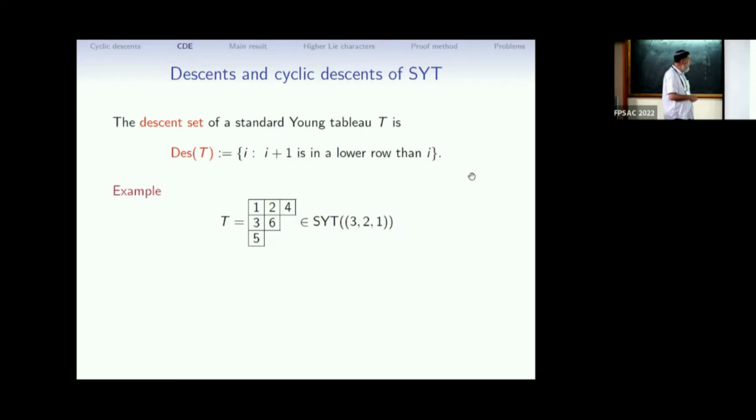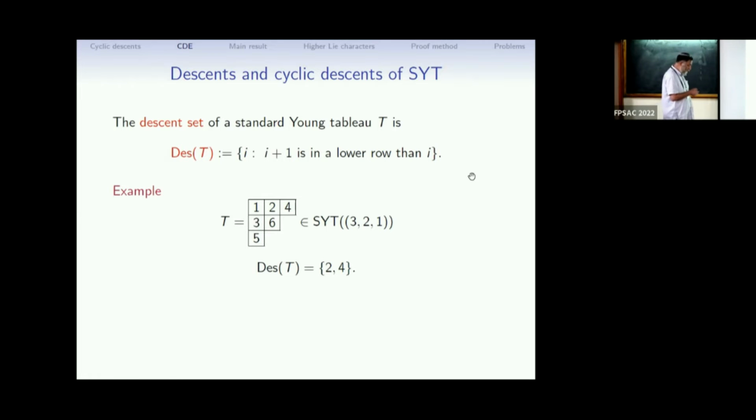So what are descents? Descents are where i plus 1 is in a lower row than i. For example, here 2 is a descent and 4 is a descent, so the descents here are 2 and 4. While in permutations we look at positions, in tableaux we look at values, and there are good reasons for this, not to be mentioned now.